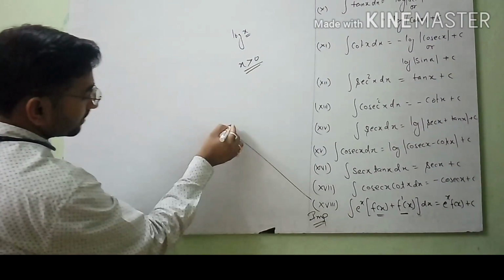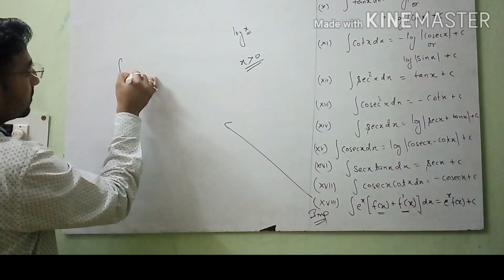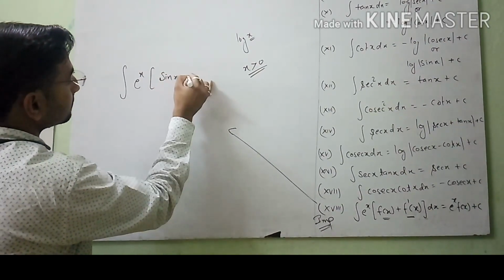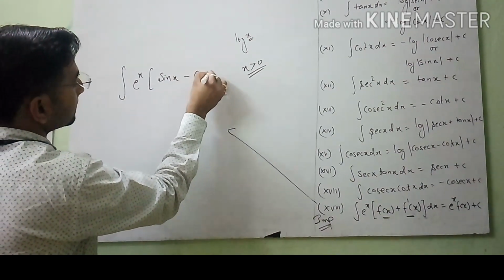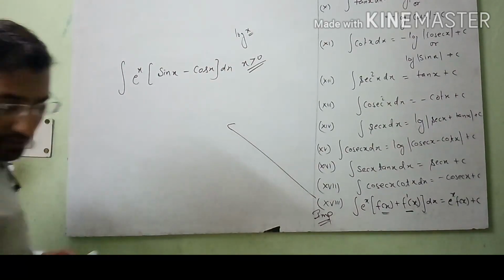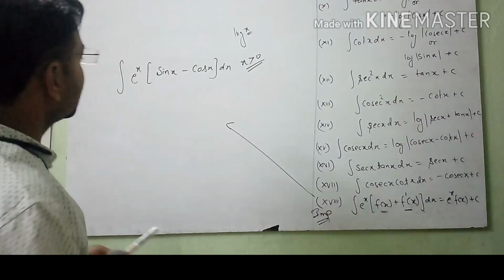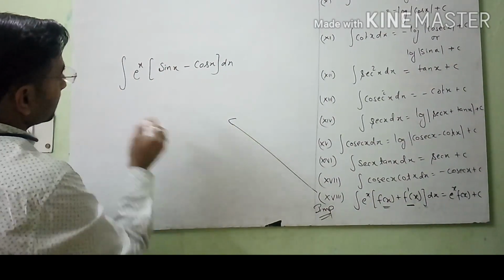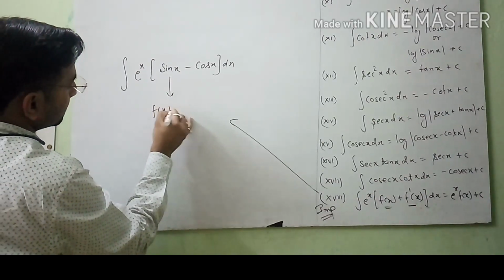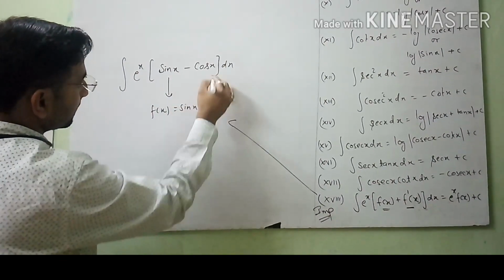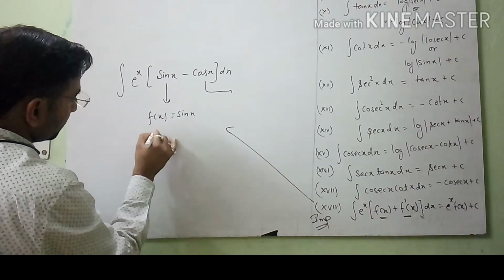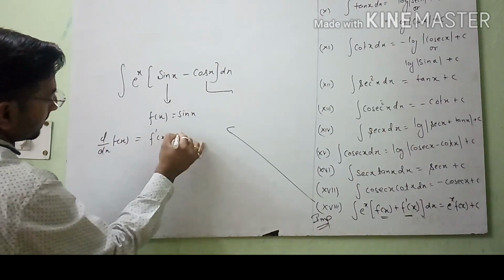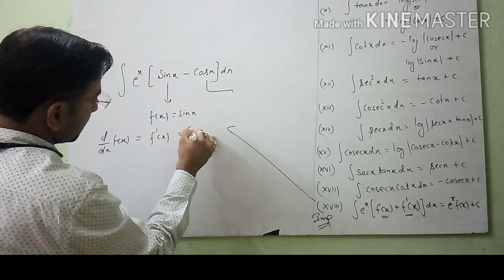Suppose I take one example based on this. Find out the integration of sin x plus cos x dx. You know that if I consider f(x) equal to sin x, then its derivative, f dash x, or d upon dx of f(x), is the differentiation of sin x, which is cos x.